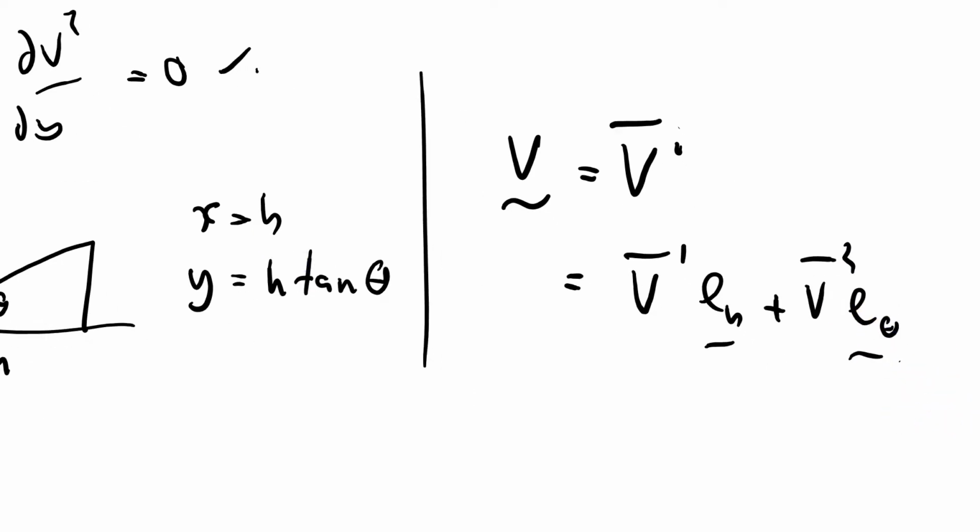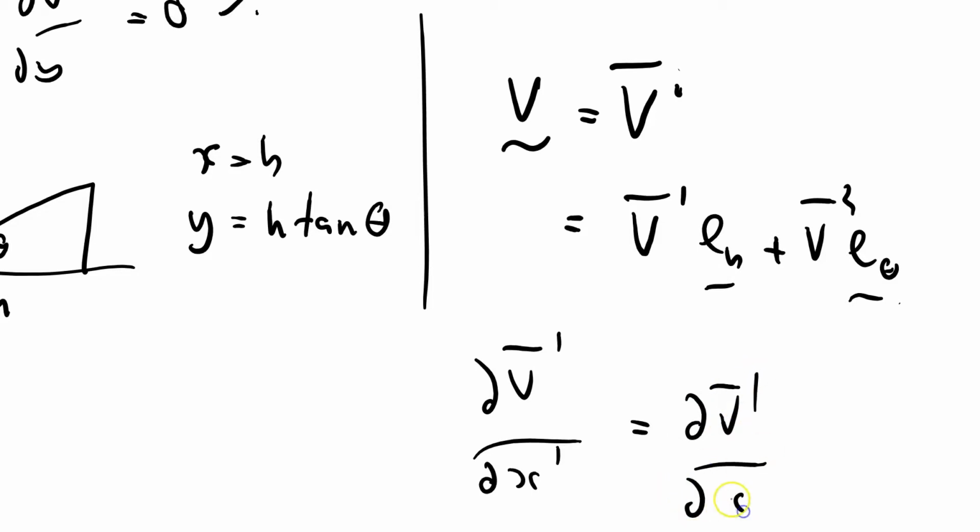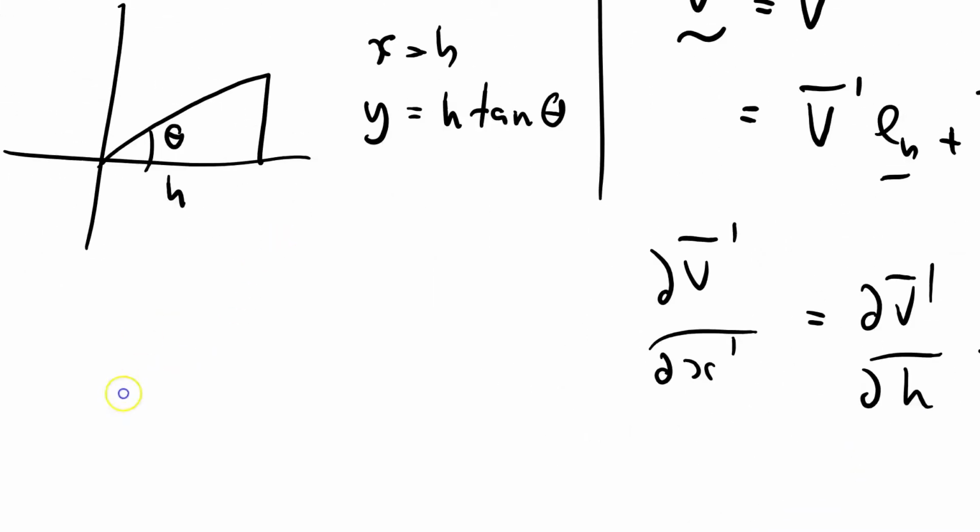What happens if I have ∂v bar 1/∂x1 equals ∂v bar 1/∂h equals what? Well, this is quite an interesting thing.